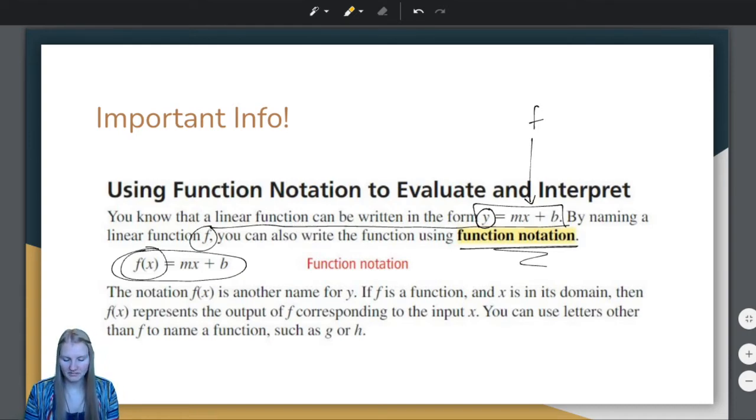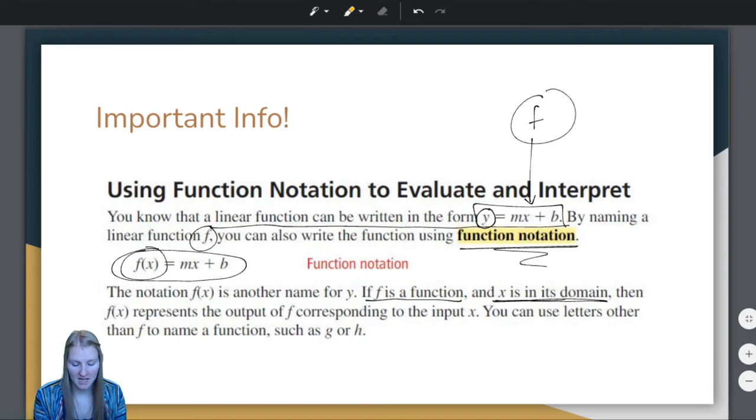Now, if f is a function, so f is the name of some function, and x is the inputs in the domain, then f of x represents the output of f corresponding to the input x.